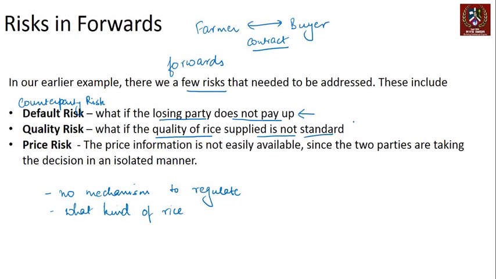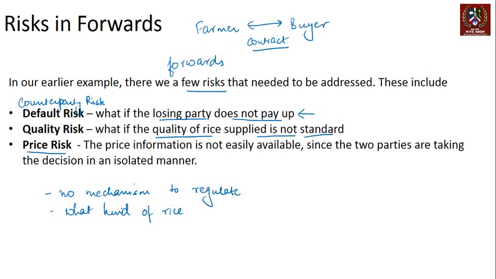The farmer might sometimes feel that the quality is better than what 90 rupees commands. The buyer might feel that the quality is worse than what 90 rupees commands. So both the parties could, at various points of time, depending on the outcome, be dissatisfied with what is happening. The third one is called price risk.